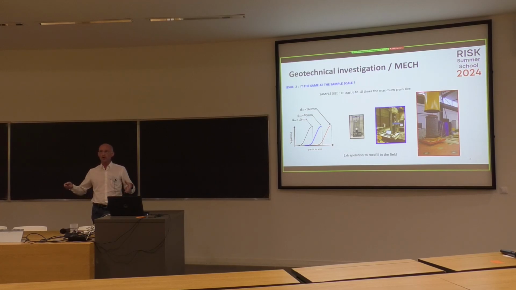Then we apply an isotropic compression using water around the specimen. And then we shear the specimen by applying a vertical force. So we use a standard cell. The specimen here is 100 millimeters in diameter.